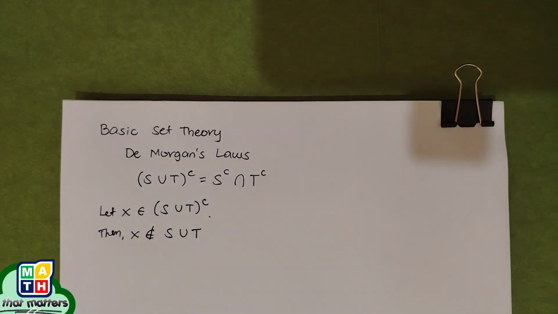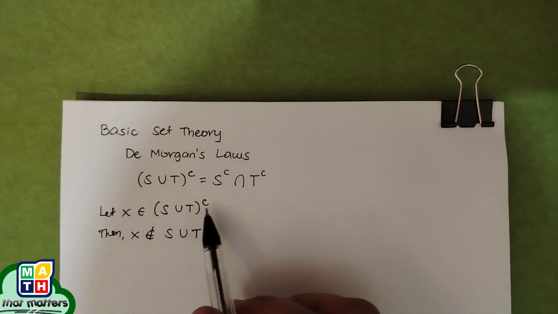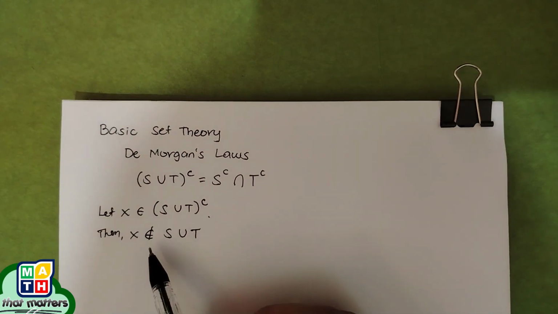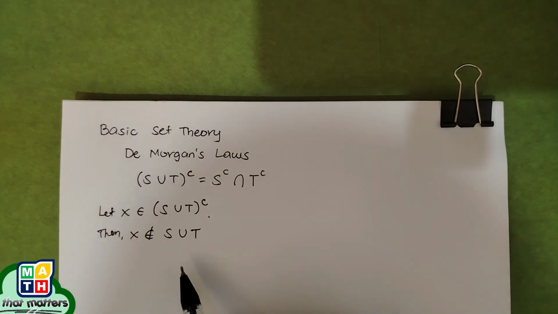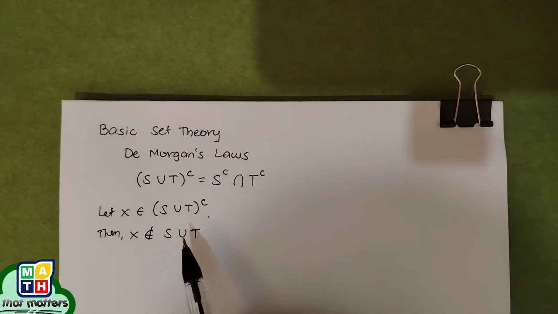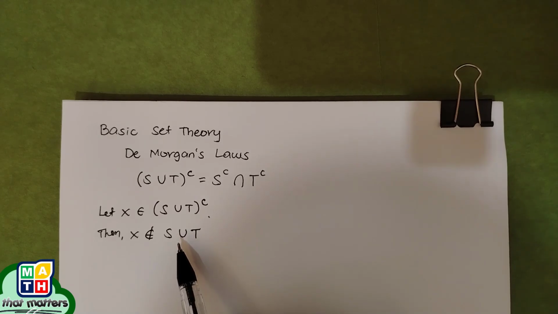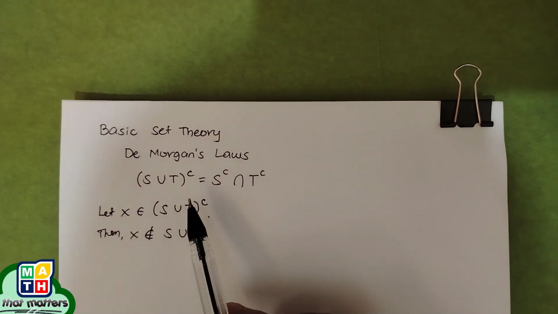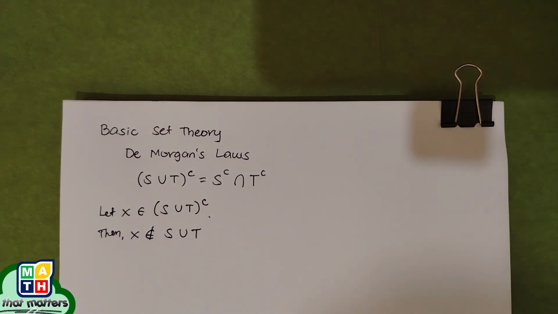Because if we talk about complement, it's the other way around. If x is an element of the complement, then it should not be an element of the union itself. Because once an element is in the complement of a set, it is not part of the set itself.